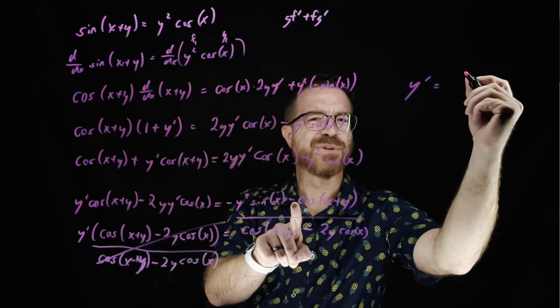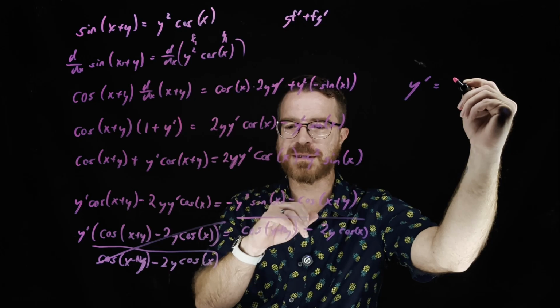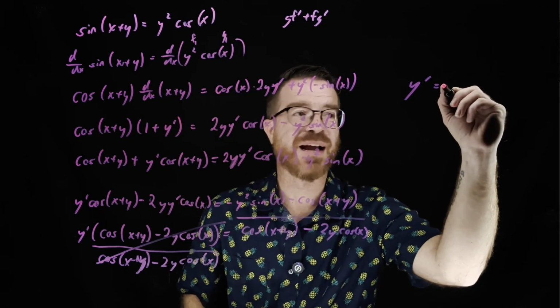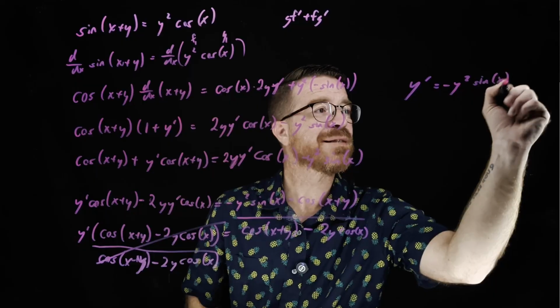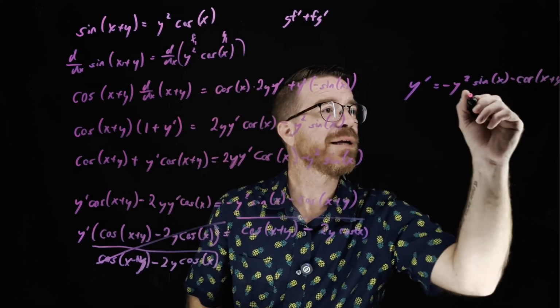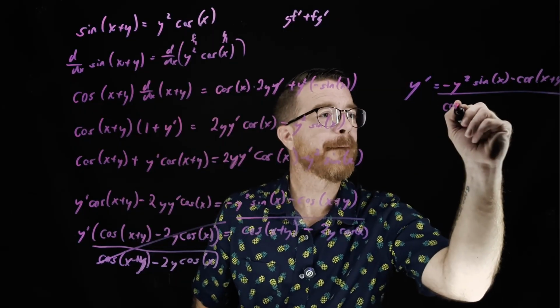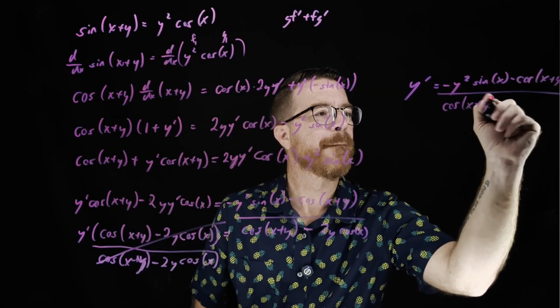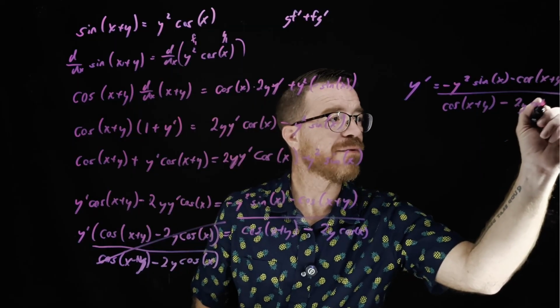I have it written differently on the slide. I have the minus cosine term up first, but it doesn't really matter. So I'm going to leave it in the way I have it. Minus y squared sine of x minus cosine x plus y divided by cosine x plus y minus 2y cosine of x.